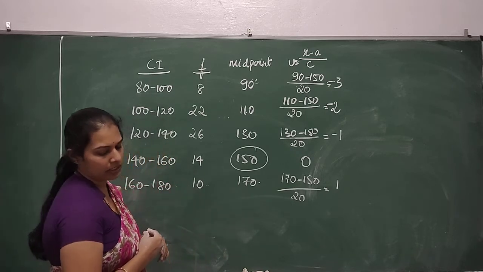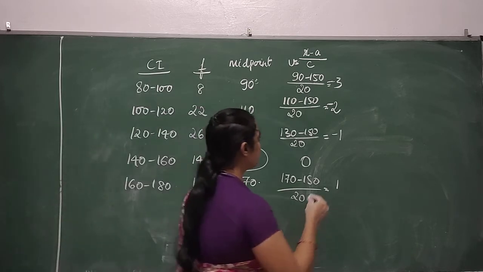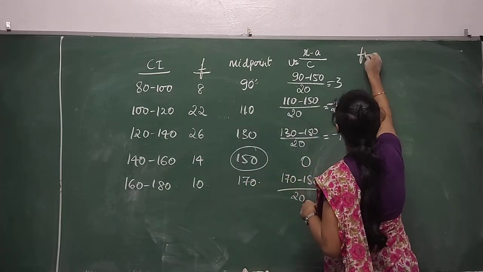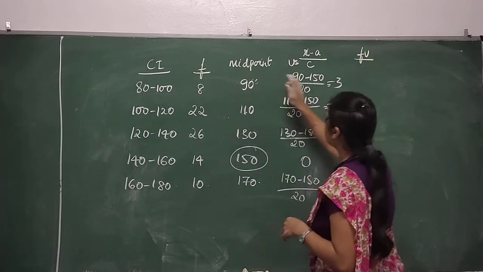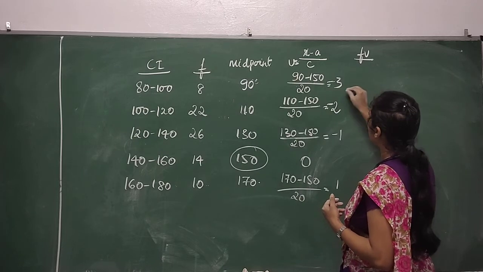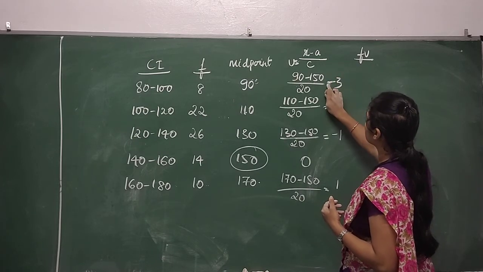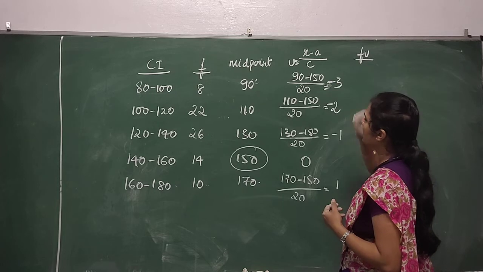Now you have to find out what is fu, that is f into u. 8 3s are, here it is minus, please do remember it.